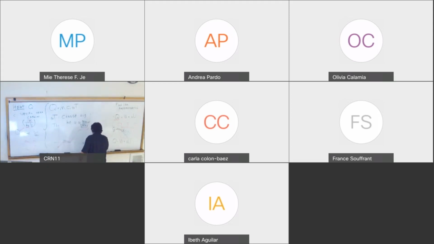Now, latent means hidden. So, when you have these horizontal lines, there is heat without a change in temperature. So what did I say about latent heat? I said that latent heat is the heat or energy due to a change of potential energy of the system.